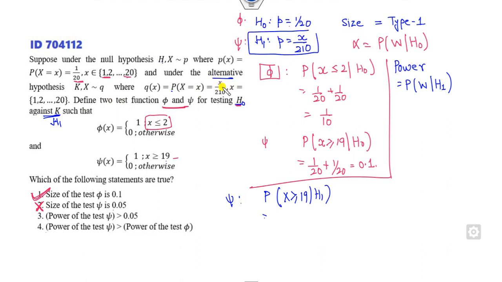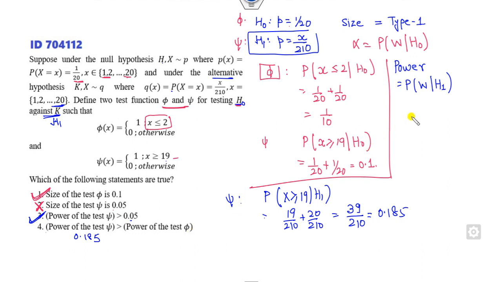So x is 19, 22 portions are there. So 19 over 210, 20 over 210, so it's 39 over 210. Is it greater than 0.05? You can check it easily. If you divide, it's 0.185, which is greater than 0.05. So this is the correct answer, 0.185.